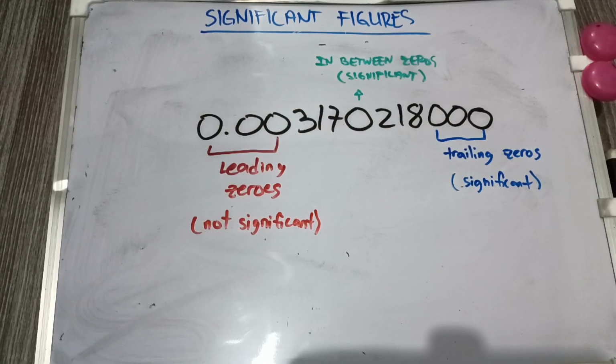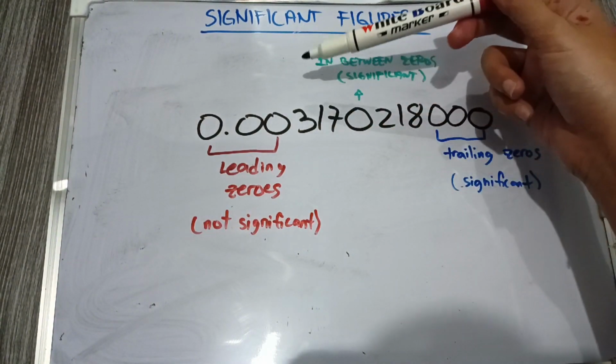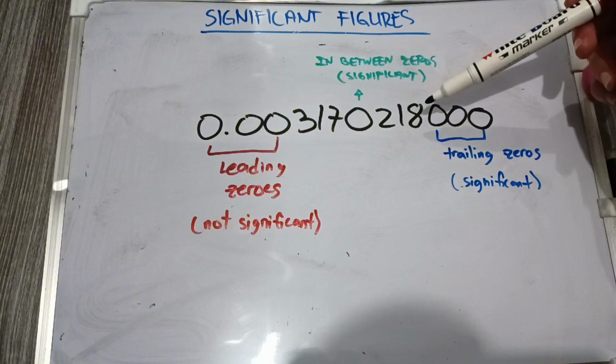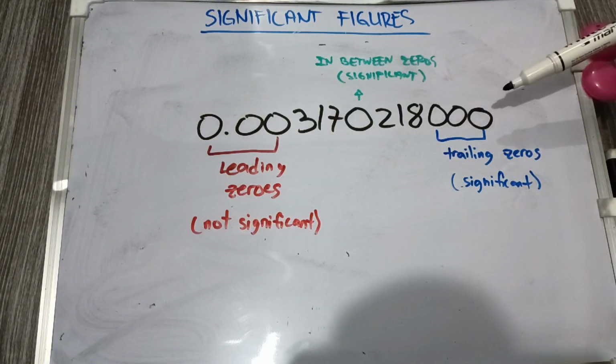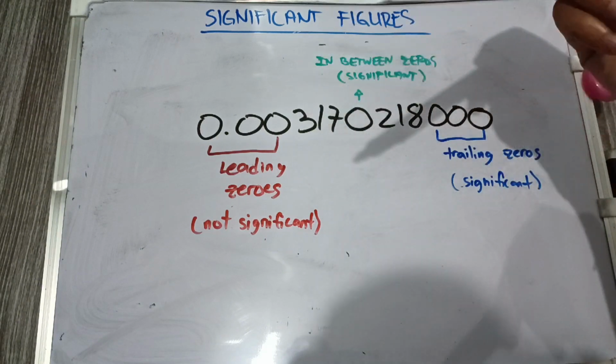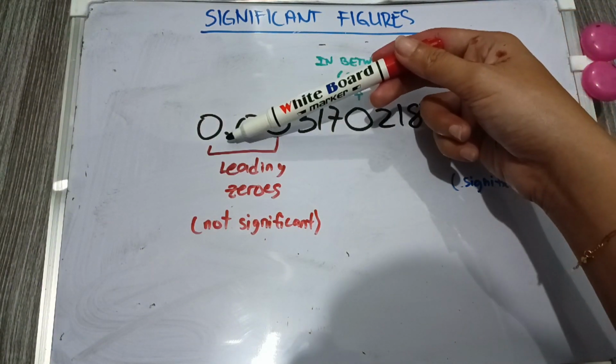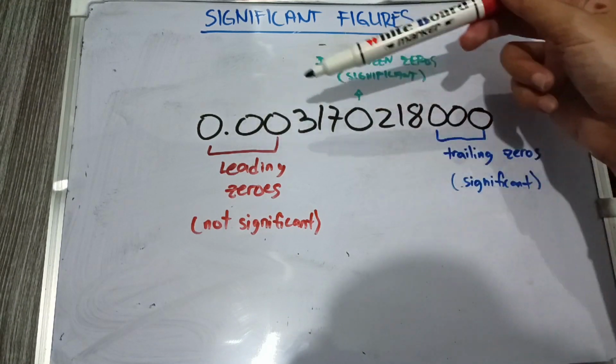Now, in order for you to understand this easily, we have a simple trick. So we have here 0.00317021800. Now, all leading zeros are not significant, even if there is a decimal point.